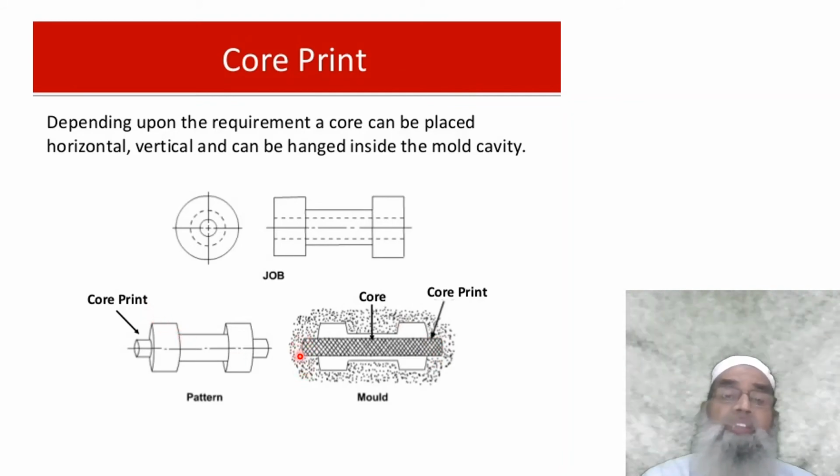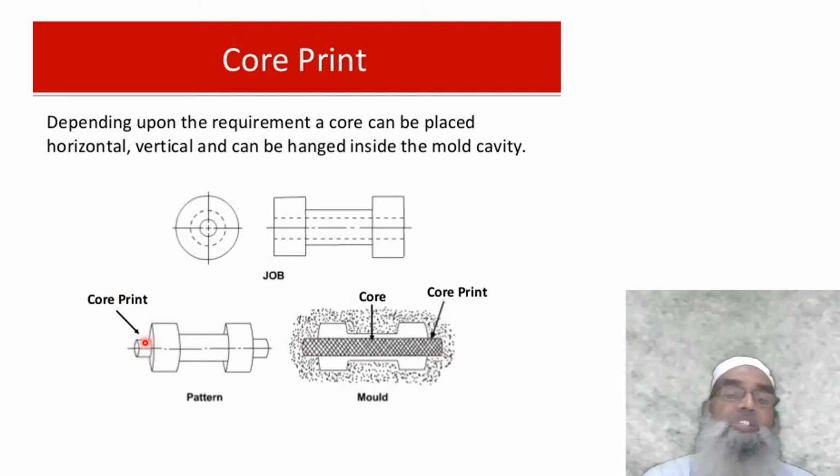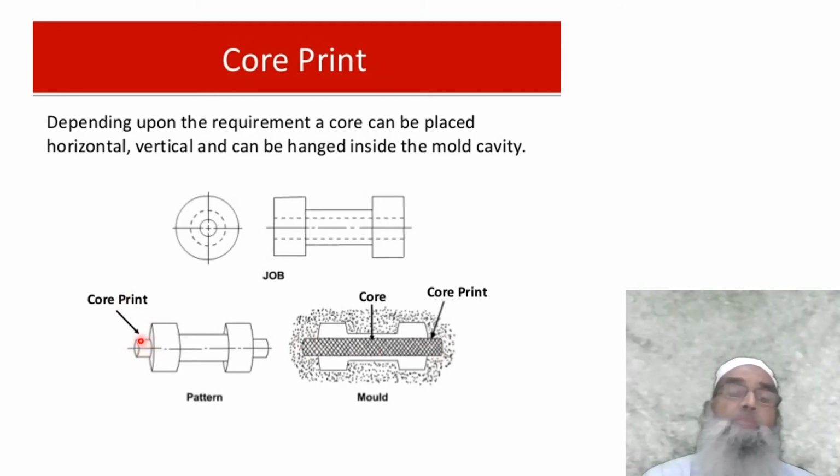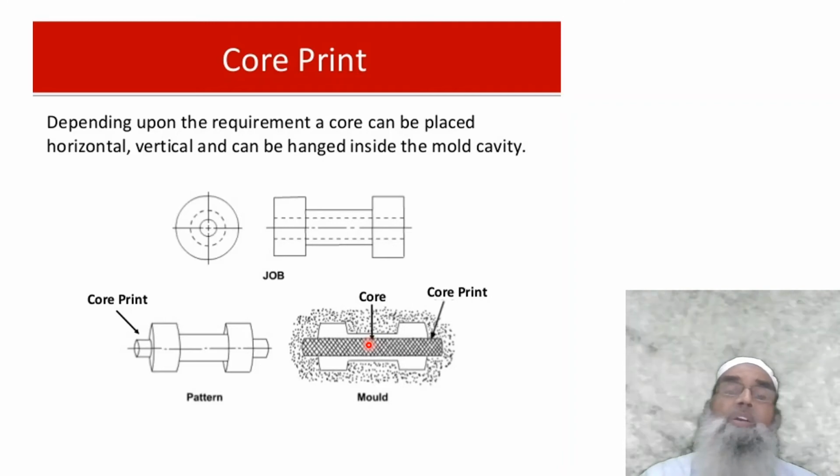That space can be provided by providing a core print in the core itself. Therefore, it is to be properly designed so that this core print is strong enough to hold the core and withstand the pressure and the forces on the core by the molten metal surrounding the core.